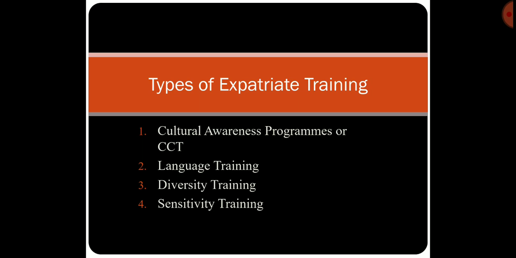Sensitivity training also helps expatriates improve their ability to manage or utilize conflict which may arise between different people. It also increases sensitivity to the feelings of others and helps employees understand group development or group dynamics. These are certain advantages expatriates get when they engage in sensitivity training.